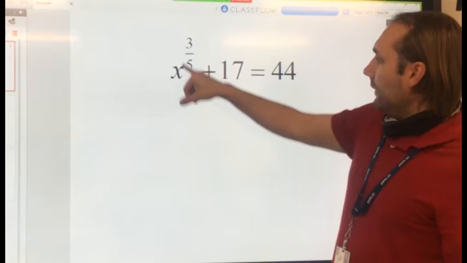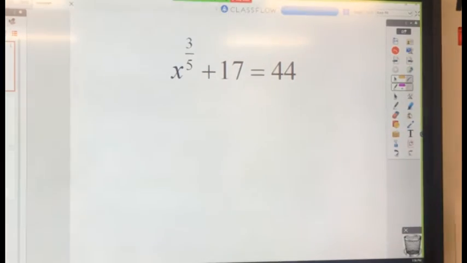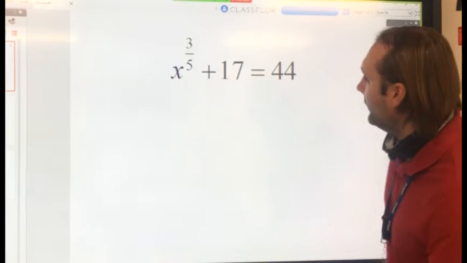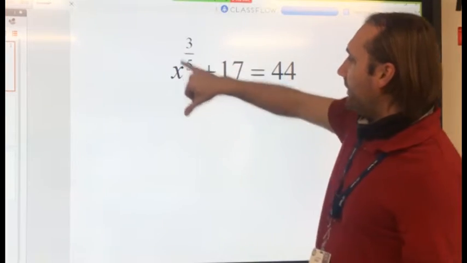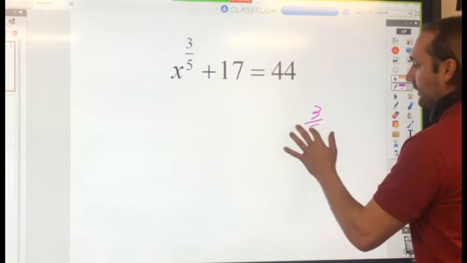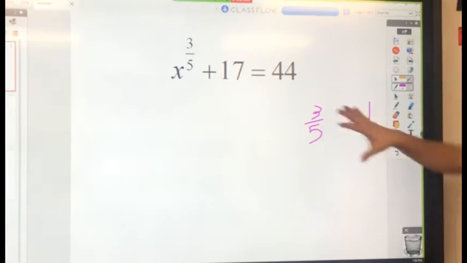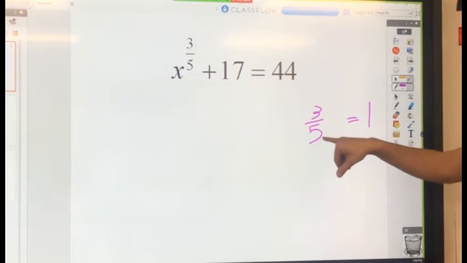Now, before I solve this, I need to do what? My goal here is to get rid of this power. It's a fraction, 3 over 5. I want to get that power to go away, meaning in math, turn it to 1. So how would you turn 3/5 into a 1?